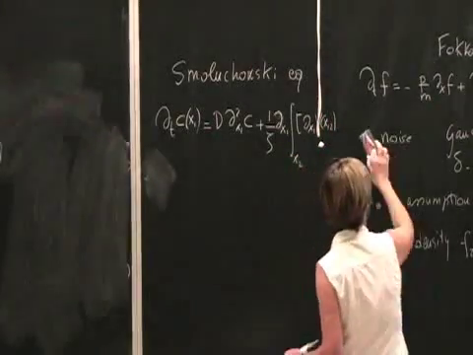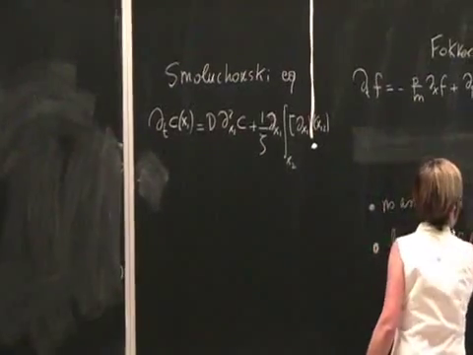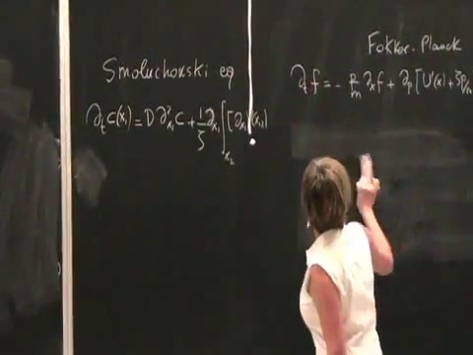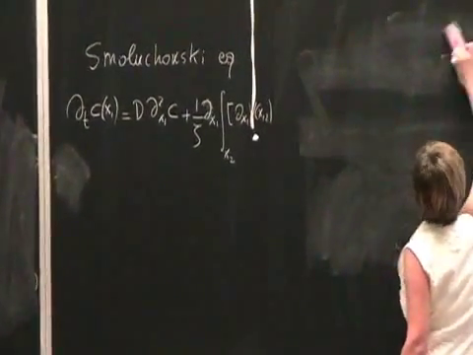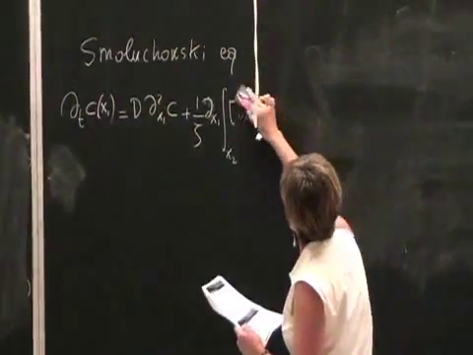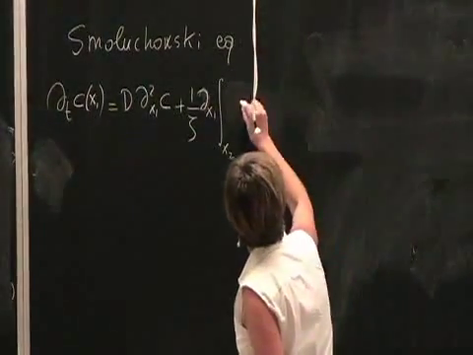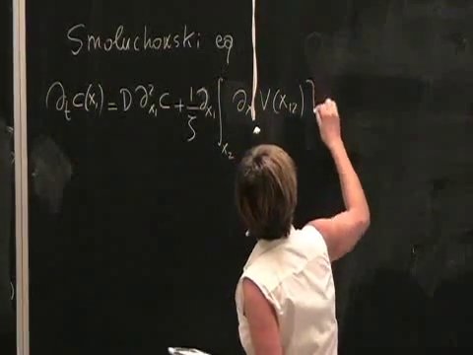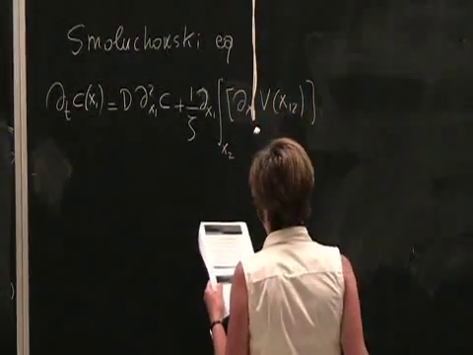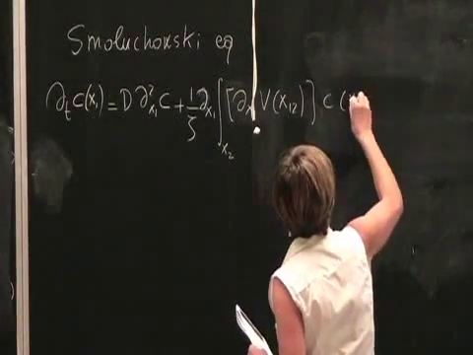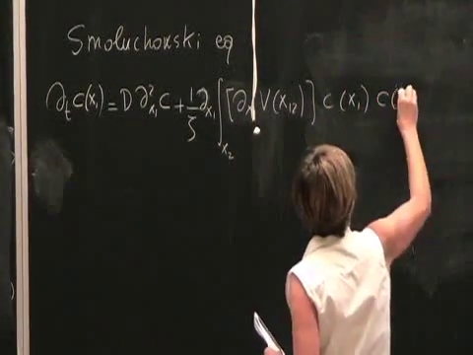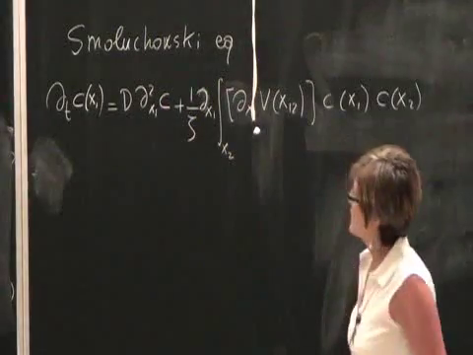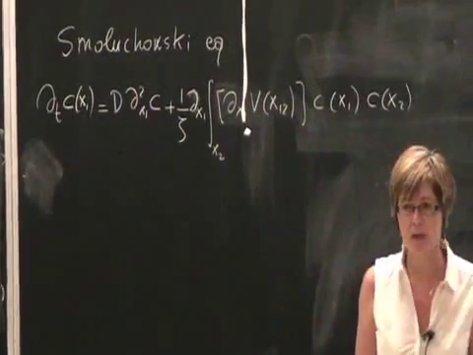I guess at this point I will erase the assumptions that we have made. And c of x1 and time, and I'm going to write time explicitly, and c of x2. So that's what's called the Smoluchowski equation.